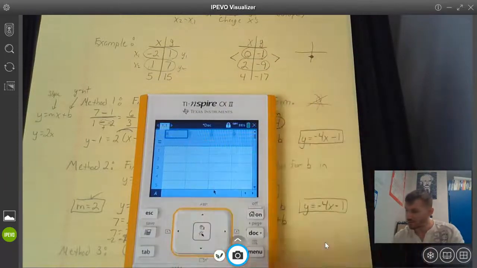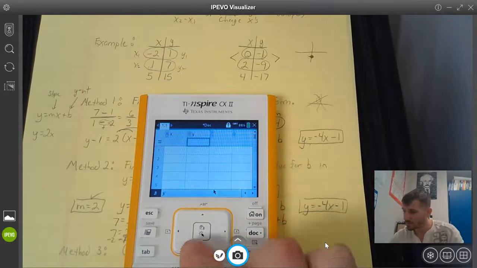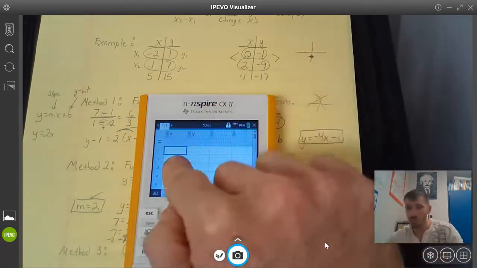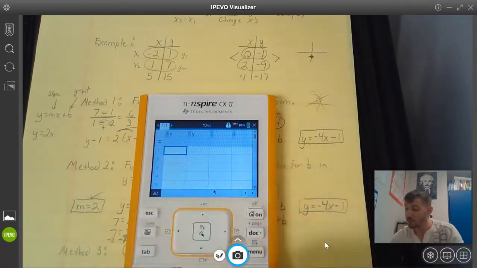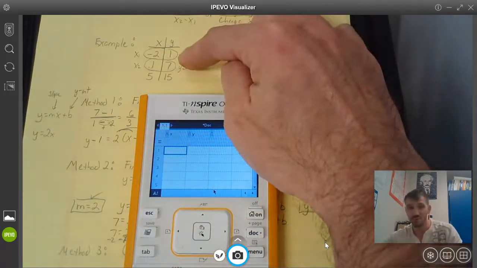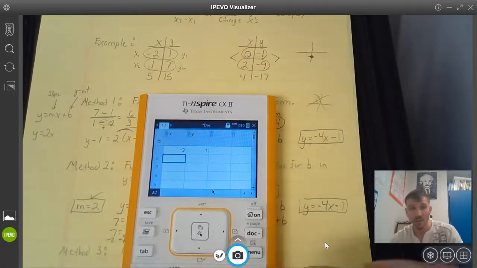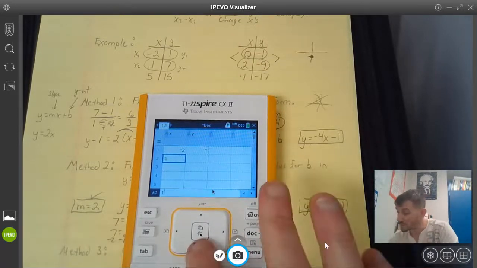So we're going to call the very top X and the other side Y. Then you want to move down to the white portion and put in your 2 points. All you need is 2. So negative 2, 1, and the other point is 1, 7.